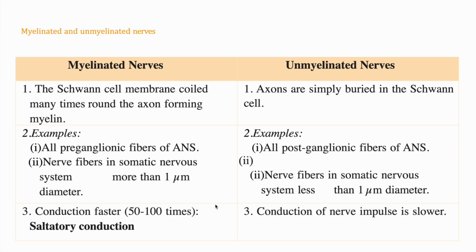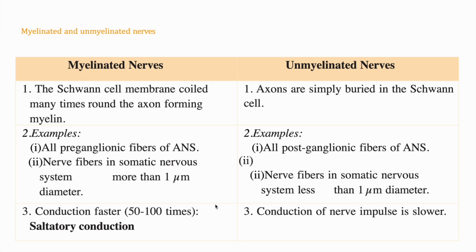Now, I am here to talk about the differences between the two types of nerves, myelinated and unmyelinated nerves. Remember, every time a nerve is different from a nerve cell. A nerve cell is a single unit. A nerve is a bundle of nerve cells collectively enclosed in a connective tissue sheath.